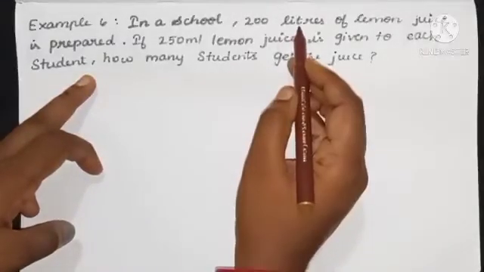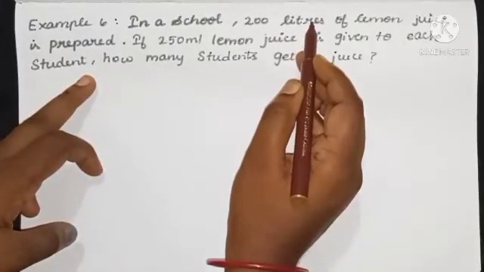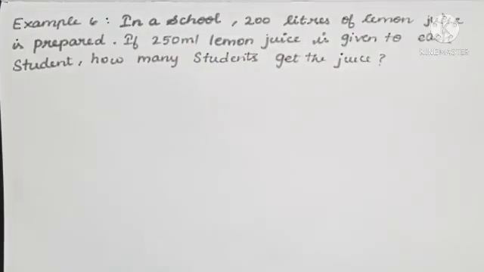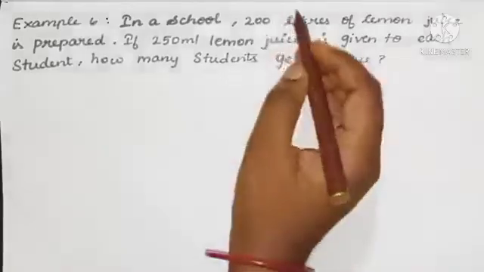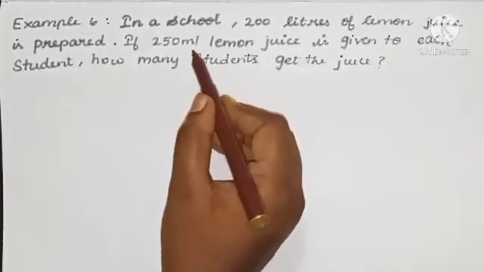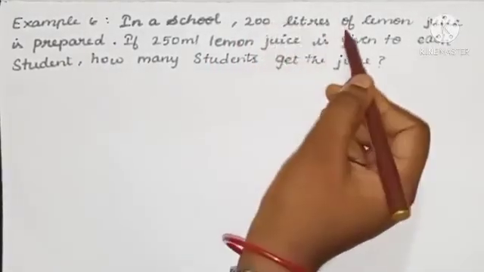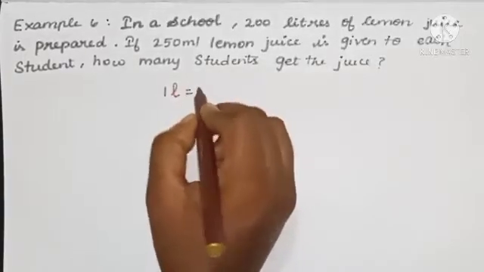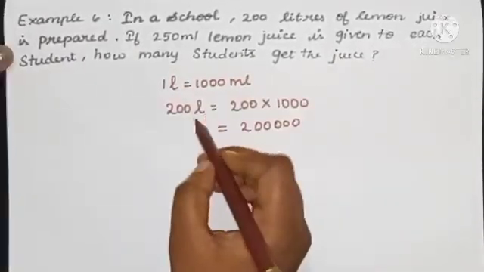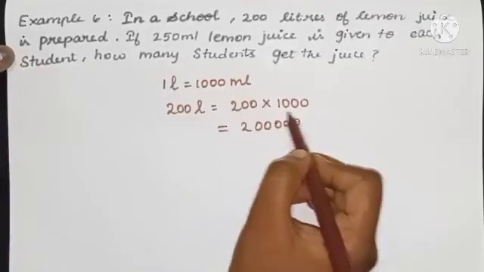See here, the given question is in the form of one in liter and another one in milliliter. As we already know, we can't subtract or divide with unlike units of measurement. Here we have the measurement of liters and milliliter. So first we have to convert this liter into milliliter. 1 liter is equal to 1000 milliliter. 200 liter is equal to 200 into 1000.